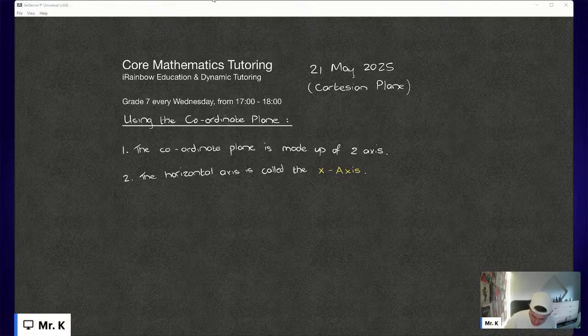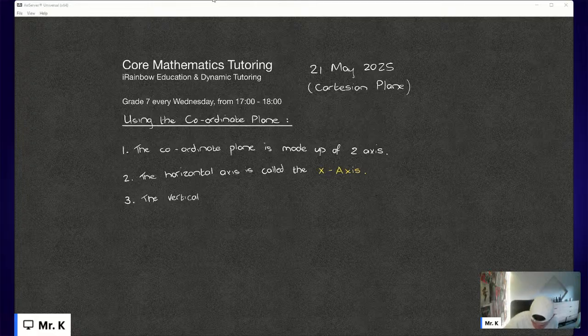The horizontal axis is called the x-axis, while the vertical axis is called the y-axis.